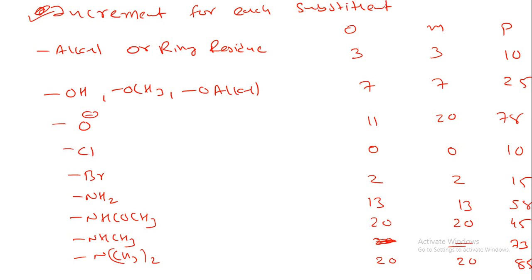Okay, so now let us understand by an example. Let us start with one example over here. Here I am having a Br group on the benzene ring. Next, we are having the ketonic group, a C double bond O group, where R is equal to an alkyl group.